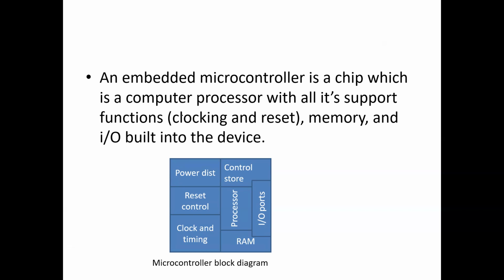In the microcontroller, one power unit must be there, one reset control unit, one processor, clock and timings, an input output port, RAM, and control store. That means it is one IC, embedded with all these features.